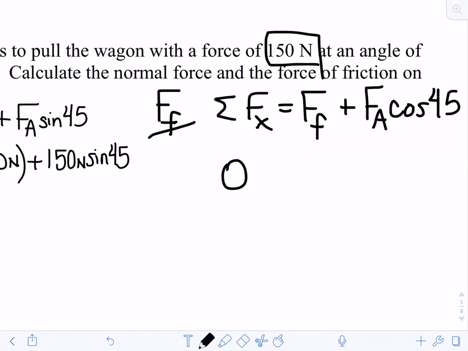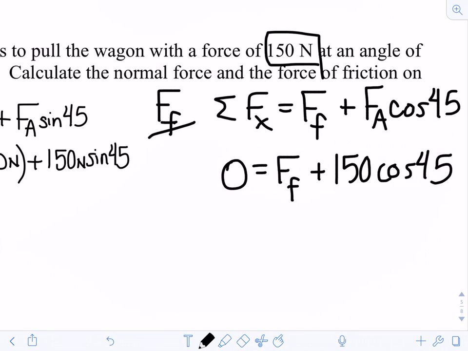And again, Newton's first law tells us that these forces must sum to 0. So, let's see, Sam is pulling to the right, so we'll call that the positive direction. We'll make this a positive 150 cosine of 45. And when we do the algebra, we find that this force of friction must be 106 newtons.